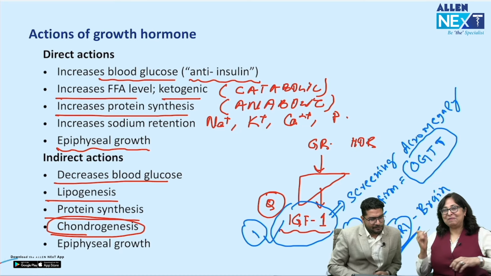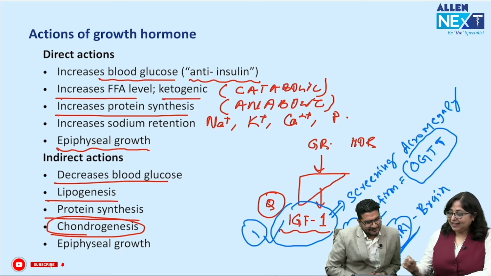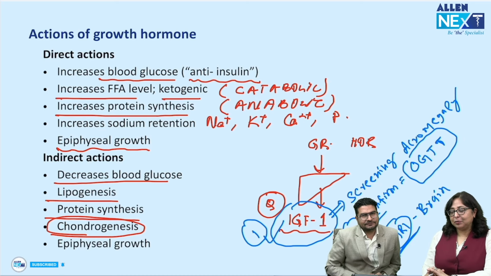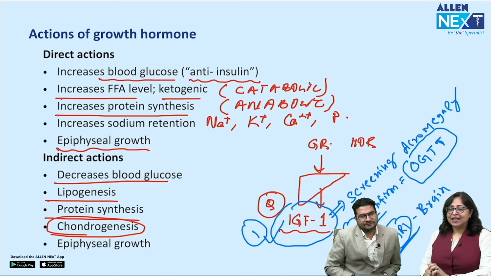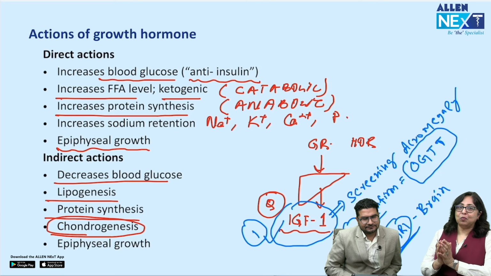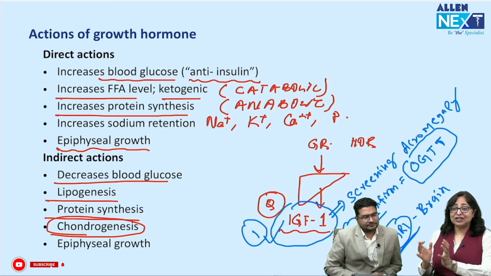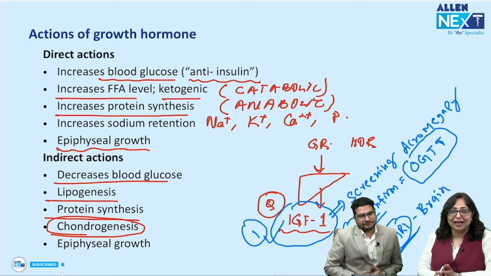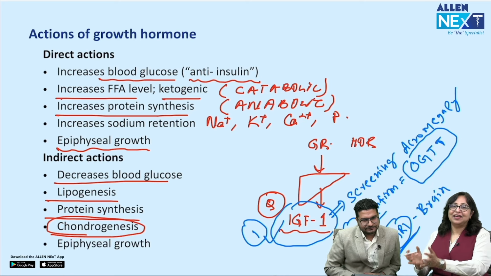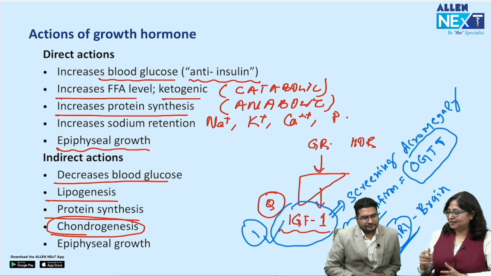Again, one small point here: why IGF-1 for screening acromegaly? Why don't we do growth hormone levels? The reason is that IGF-1 is bound to a protein. So compared to growth hormone, IGF-1 has a longer half-life, and so you can use it for measuring the growth hormone levels.